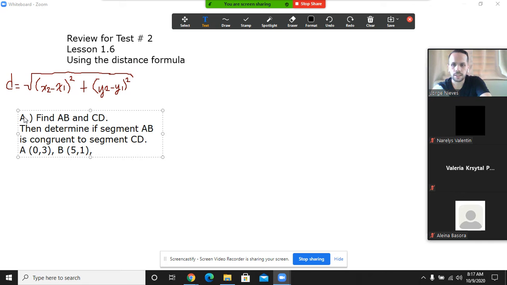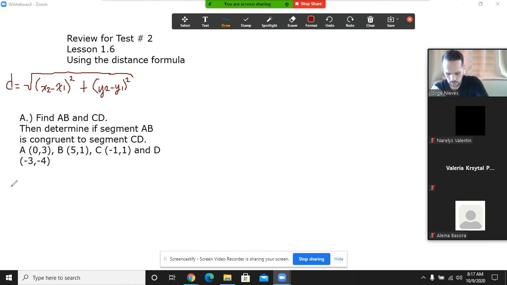C has coordinates of -1 and 1, and D, the last point that we have, has coordinates of -3 and -4. So let's do this very quick. We're gonna use these coordinates to find the distance.